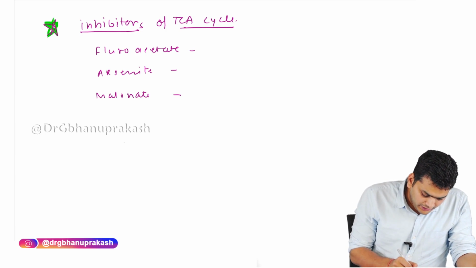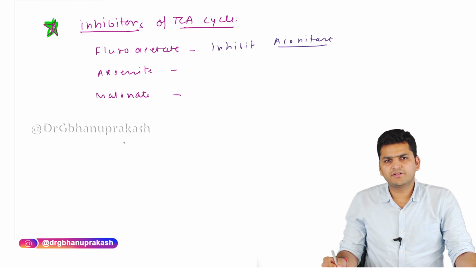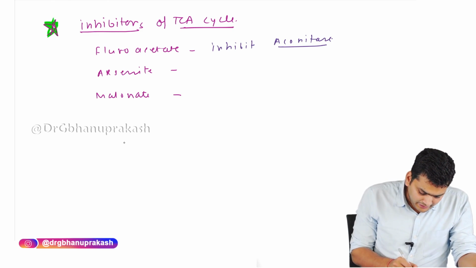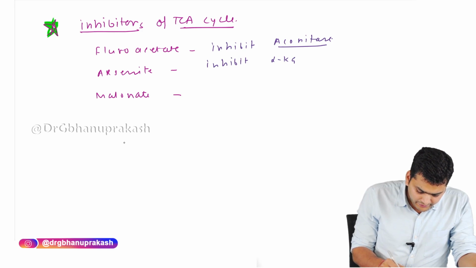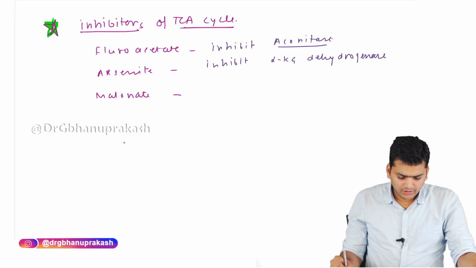Fluoroacetate is going to inhibit aconitase, that is there in step number 2. Arsenite inhibits alpha-ketoglutarate dehydrogenase, that is there in step number 4.